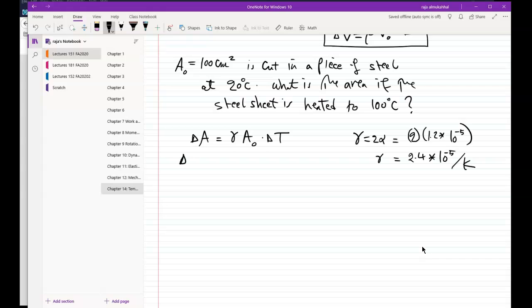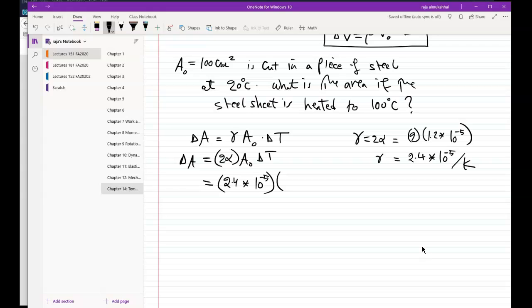And so delta A is equal to 2 alpha A naught delta T. That will give me 2.4 times 10 to the negative 5 times the area, which is 100.